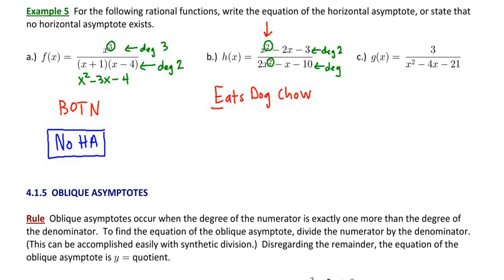So when we write the equation of our horizontal asymptote, first of all, remember it's always in the form y equals. To figure out what y is equal to, we're going to divide coefficients, and in particular, we're talking about the leading coefficients. So I'm going to take the leading coefficient of the numerator, which is 1, and I'm going to divide it by the leading coefficient of the denominator, which is 2. So the equation of our horizontal asymptote here would be y equals 1/2.